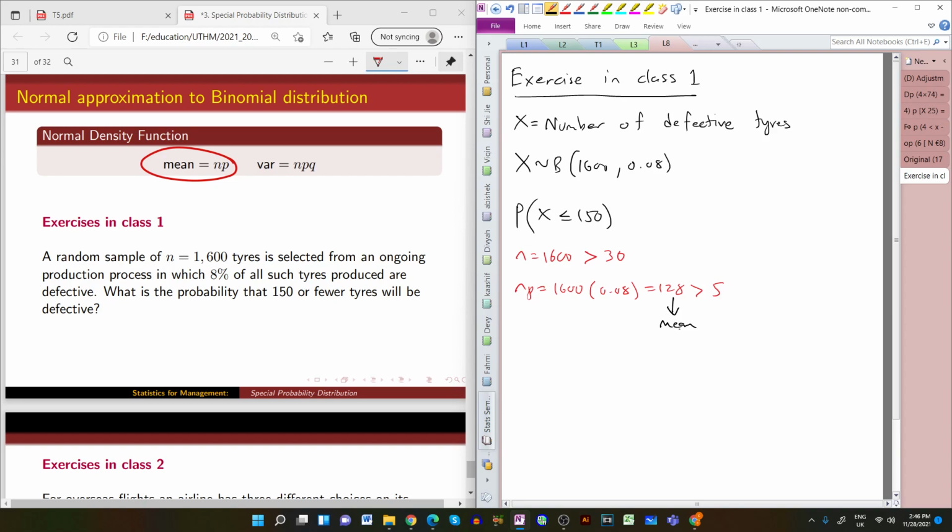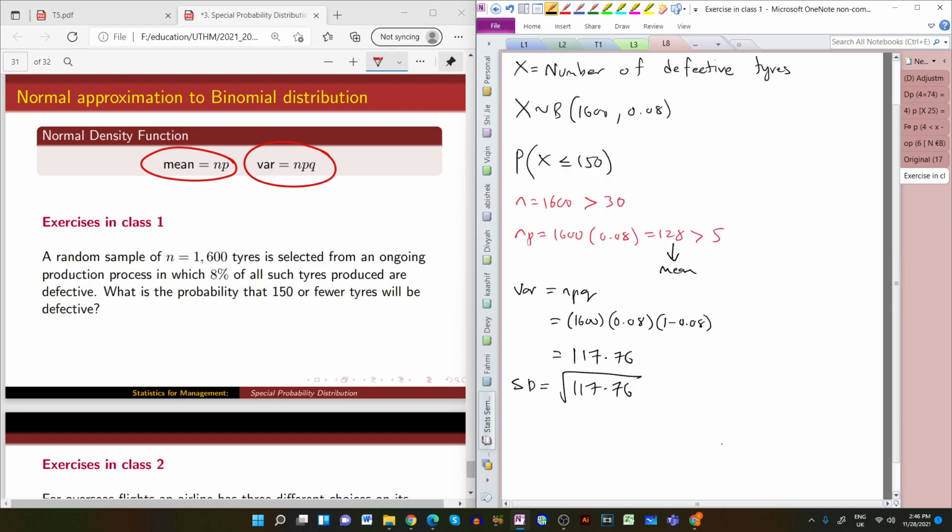You already found that. And for variance, npq. This is your variance, so your standard deviation would be this one. Leave it like this.